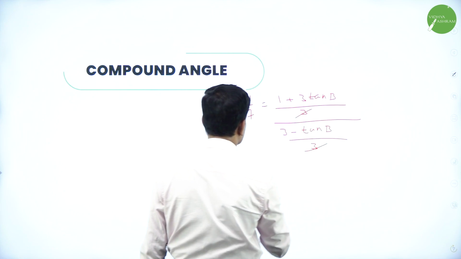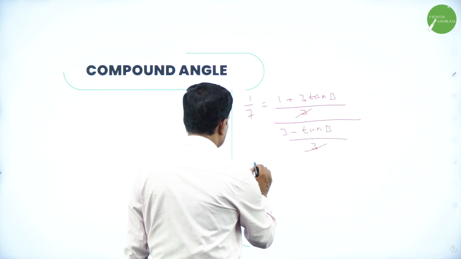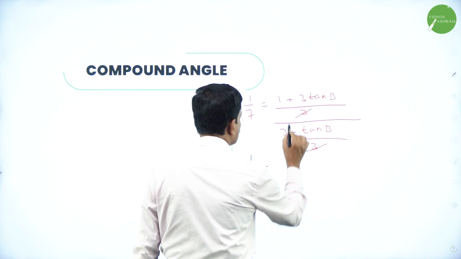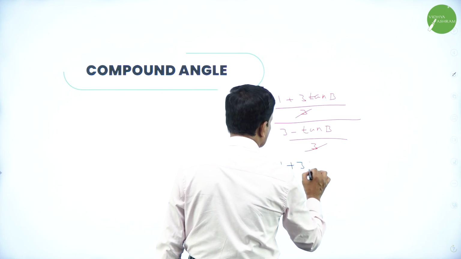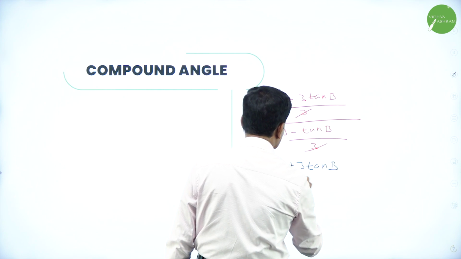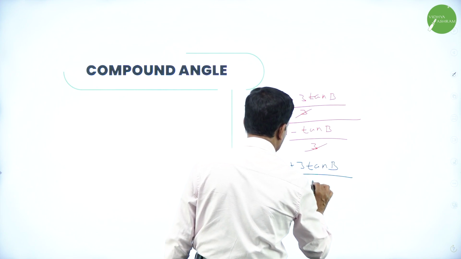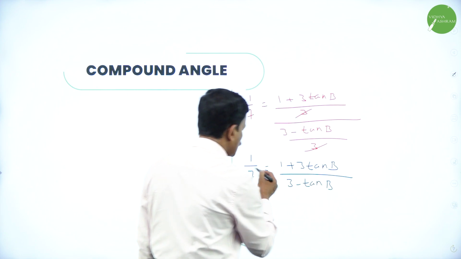This 3 and 3 get cancelled. What is remaining: 1 over 7 is equal to (1 plus 3 tan B) divided by (3 minus tan B).